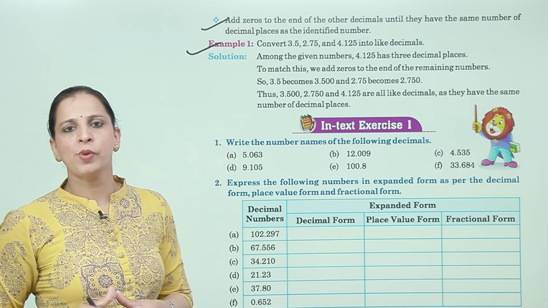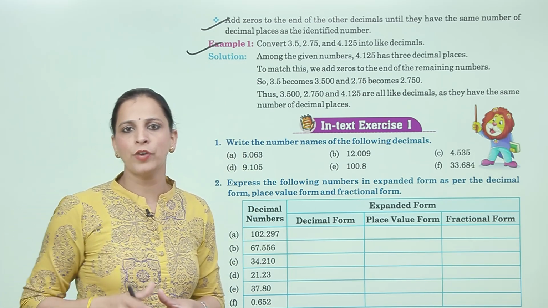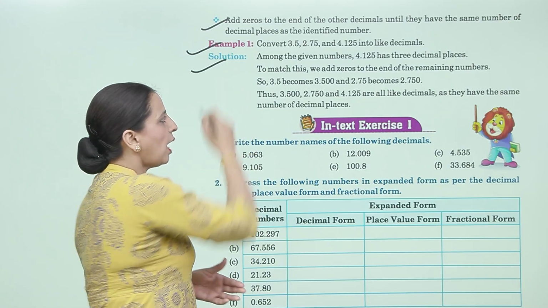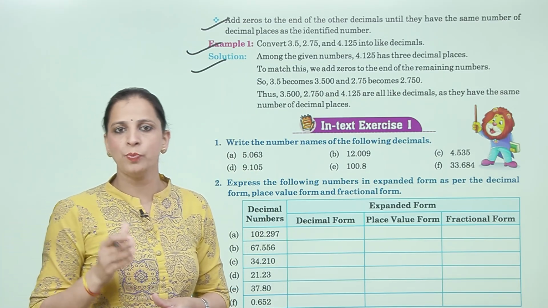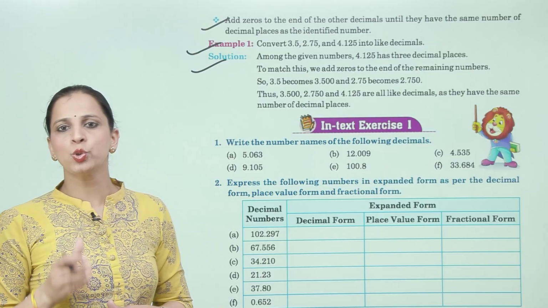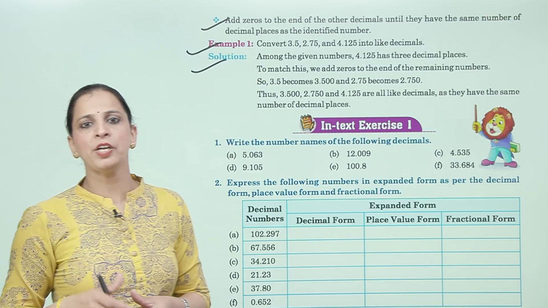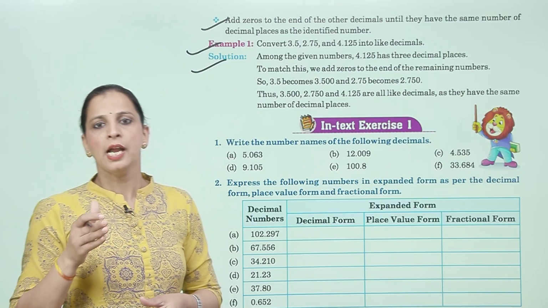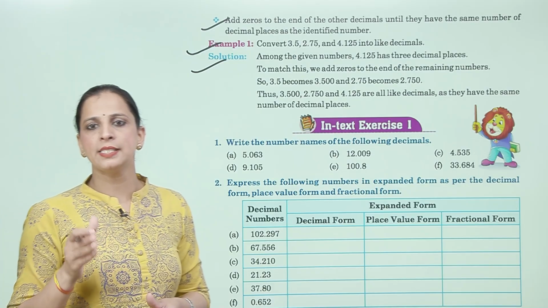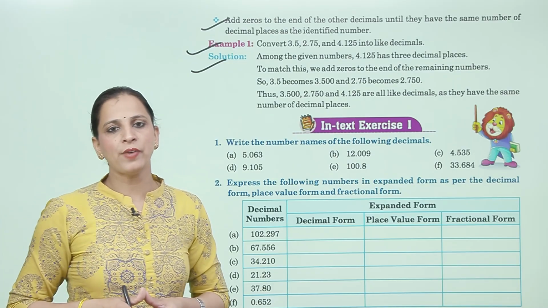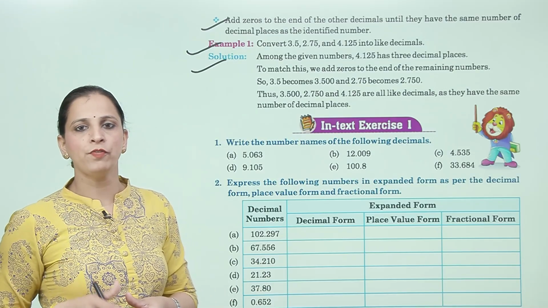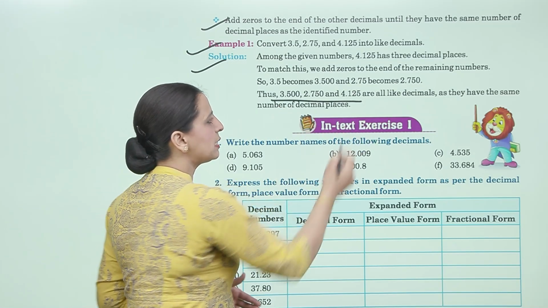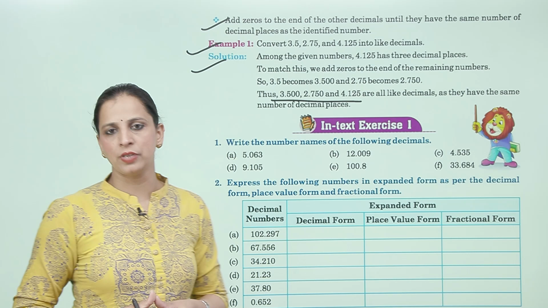Convert 3.5, 2.75 and 4.125 into like decimals. Solution. Among the given numbers, 4.125 has 3 decimal places. To match this, we add zeros to the end of the remaining numbers. So 3.5 becomes 3.500 and 2.75 becomes 2.750. Thus 3.500, 2.750 and 4.125 are like decimals as they have the same number of decimal places.